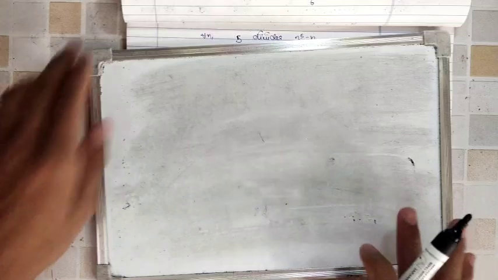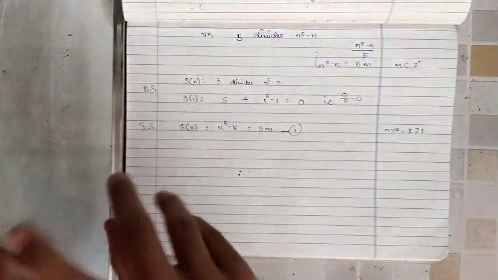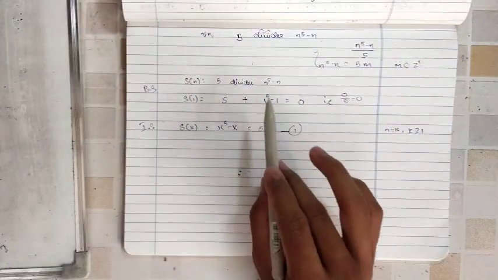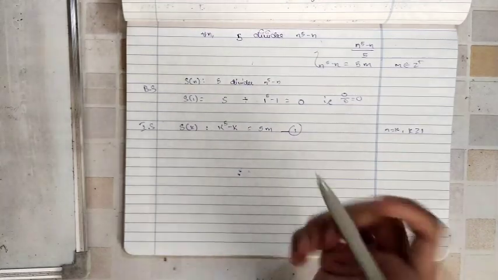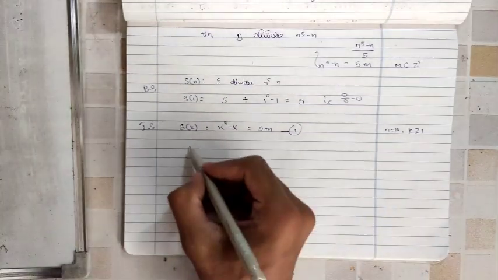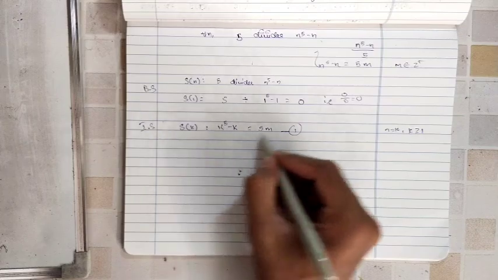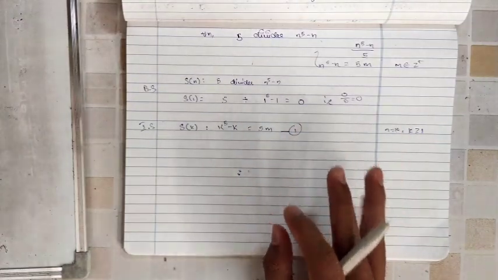Since they have given that this is divisible by 5, or a multiple of 5, this makes our problem very easy. Here I have to take k plus 1, right?